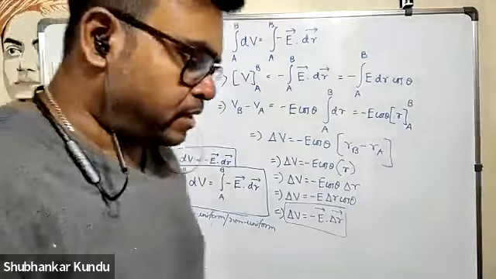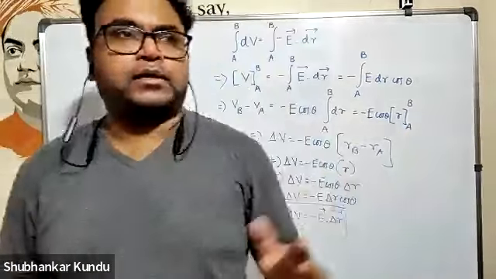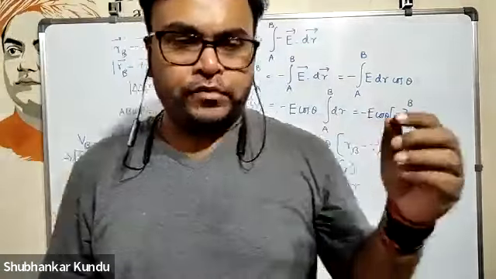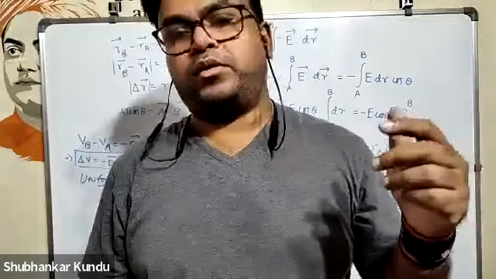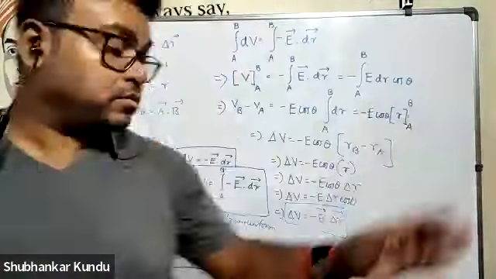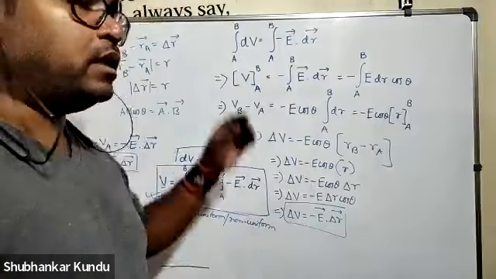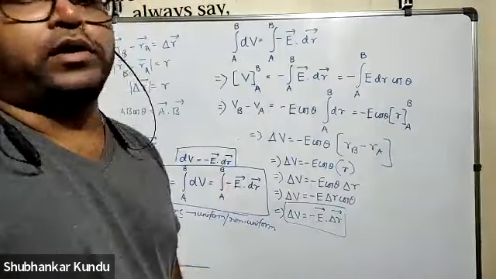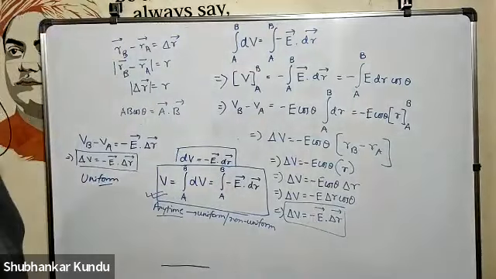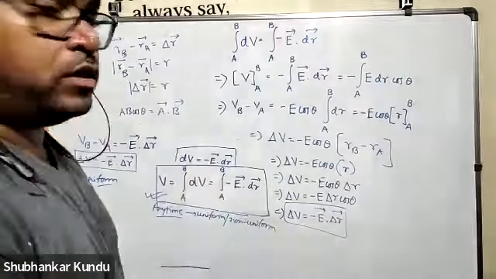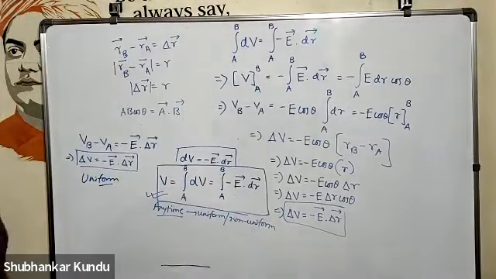Any case, any example, any solution, any numerical. You are not finding out whether the field is uniform or not. If you have a doubt about uniform or non-uniform, no need for any kind of doubt. Use this one. If the field is uniform, your answer will come. If the field is non-uniform, your answer is still going to come. No need to land up in any kind of confusion. And if you strictly know the field is uniform, use this one. Simple.